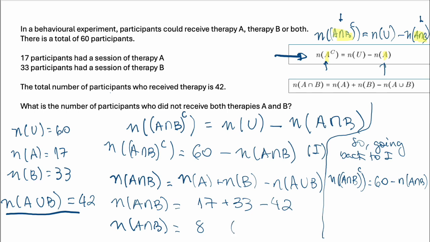I found that number here in what I'm calling equation number 2, okay? So by substituting this value, it will result in 60 minus 8. So the number that I want is 52. Okay, so that's the answer that is expected.